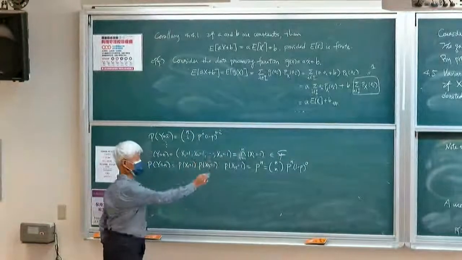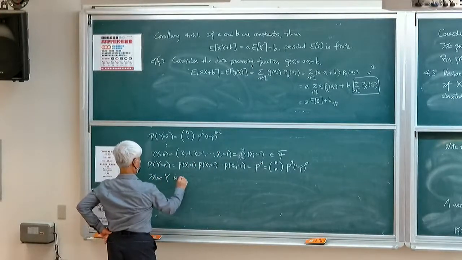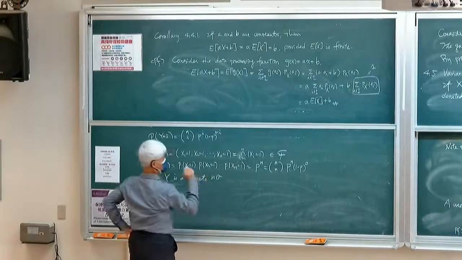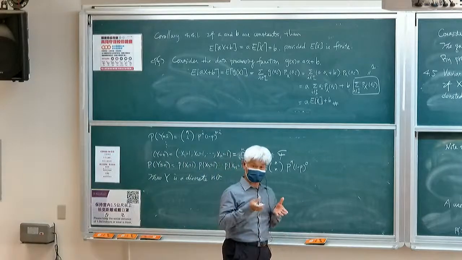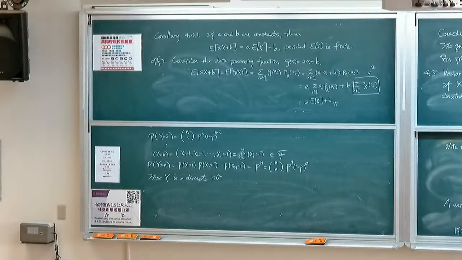All right, so from the previous discussion, Y is a discrete random variable, because every basic event is an event of interest, by our demonstration here.